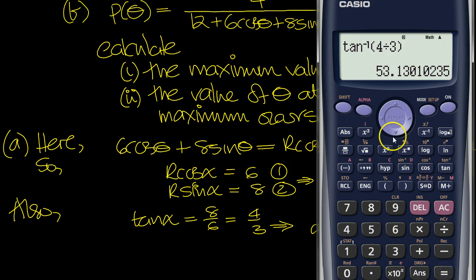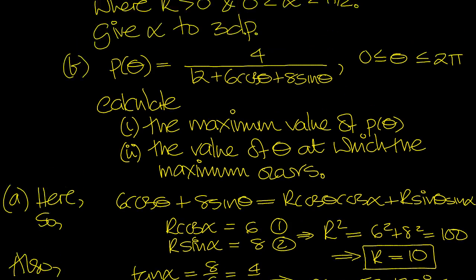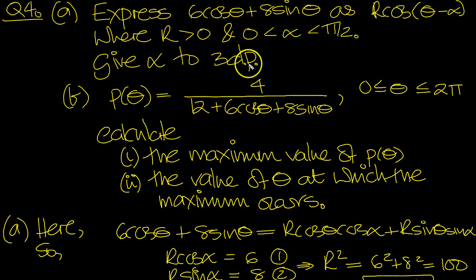It's an acute angle, 53.130 degrees, and that was to 3 decimal places, wasn't it? Okay, so there's alpha, and we've done alpha to 3dp.